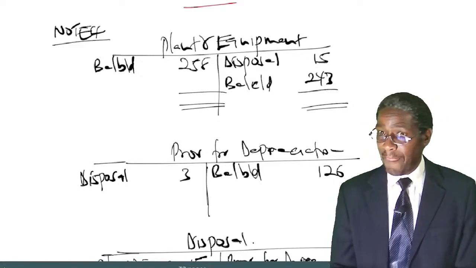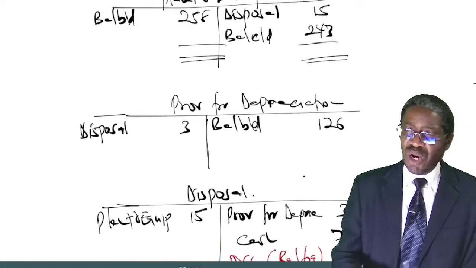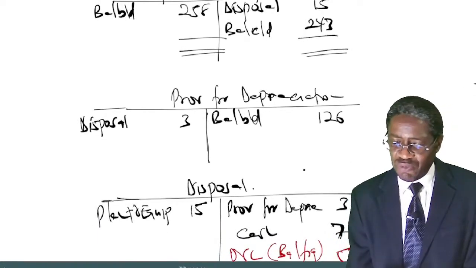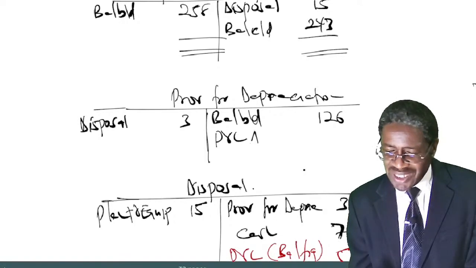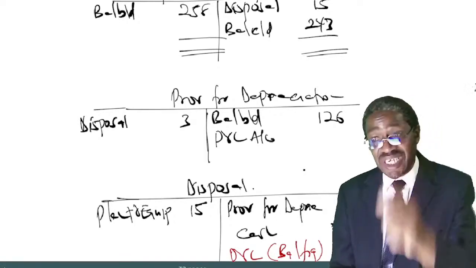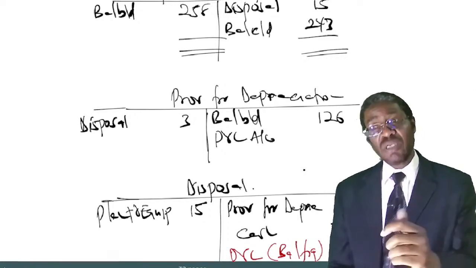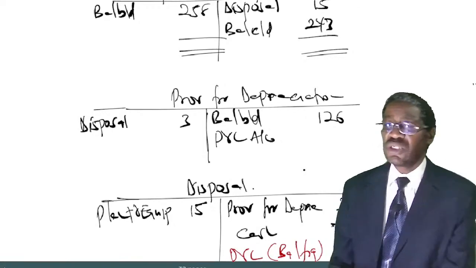Now listen. So we want to come to this account called provision for depreciation and say, to the P&L account, what is the charge for the year? You must depreciate the ones still remaining by debiting P&L account and crediting provision for depreciation.